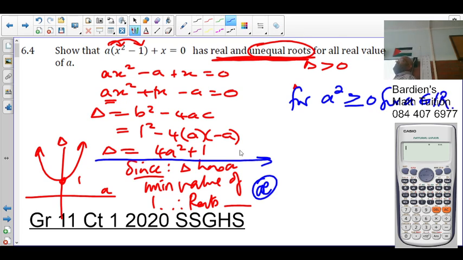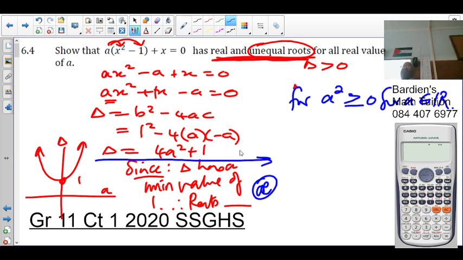So whatever real number you choose for a, choose any number for a. 5. 5 squared is 25. Can you see it's positive? Always greater than 0 or equal. Choose another value for a. Negative 7. Negative 7 squared is positive 49. So what do you notice?